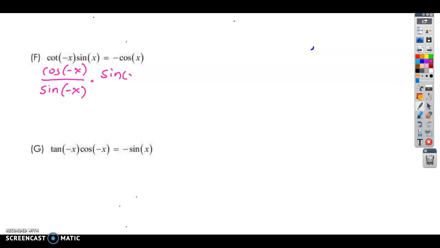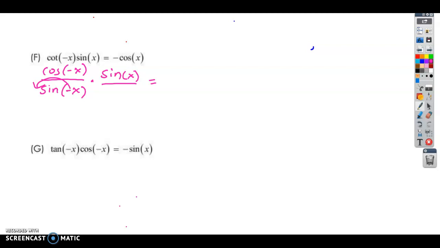Oops, sine of x. Sometimes I put my x's in parentheses, sometimes I don't. Equals. All right, so that sine is even. Or sorry, oh my gosh, sine is odd. So that negative is going to come to the outside, and then I can cancel the signs.